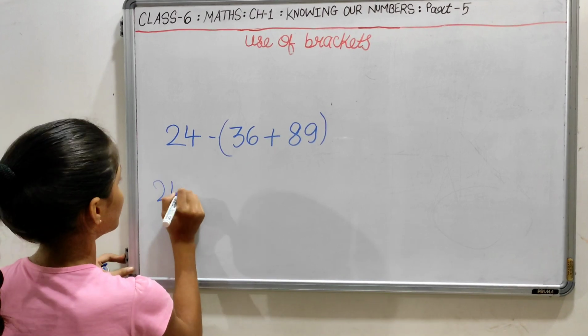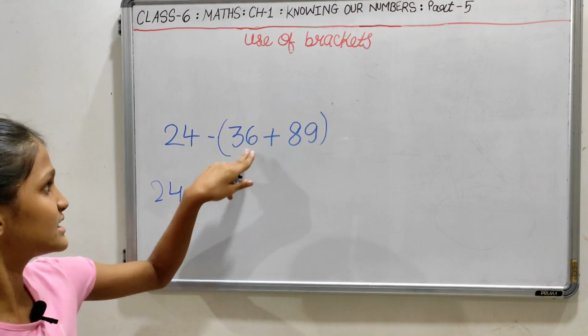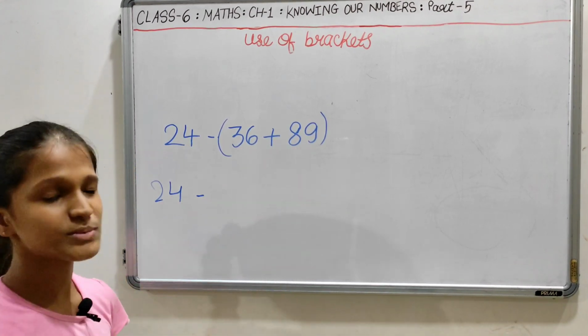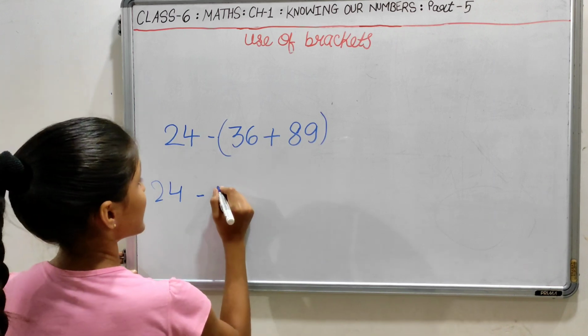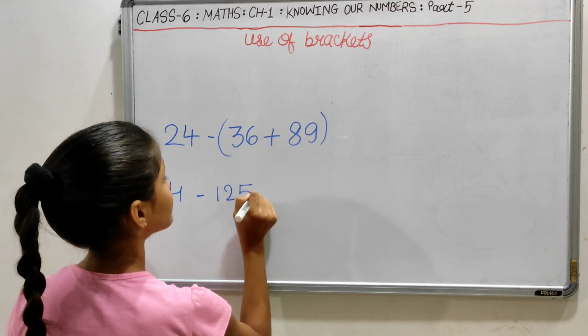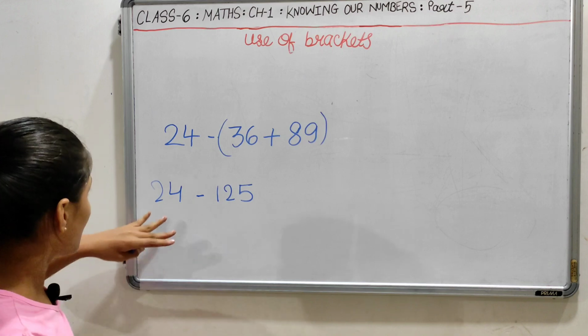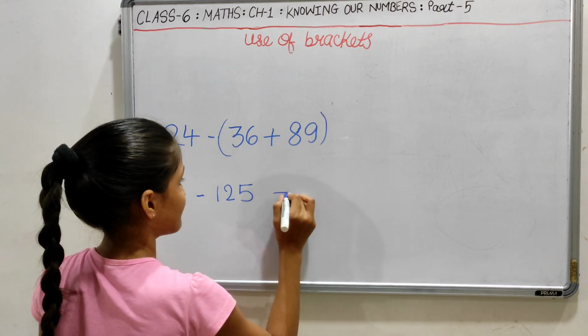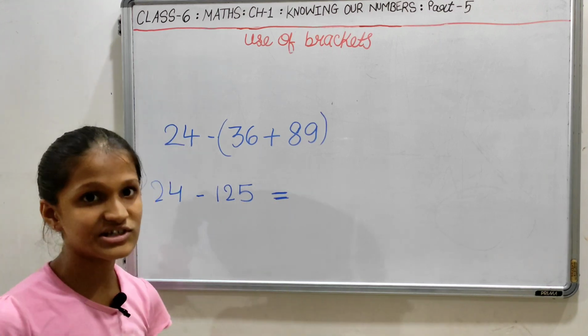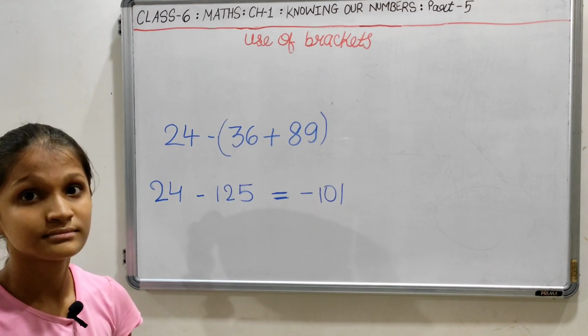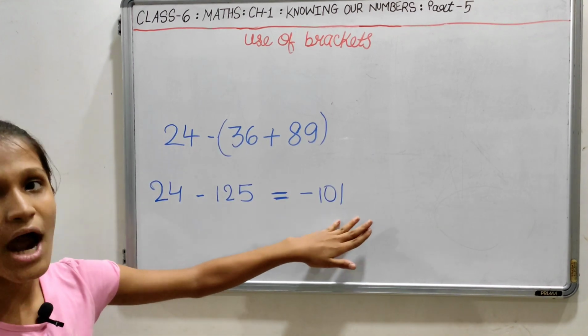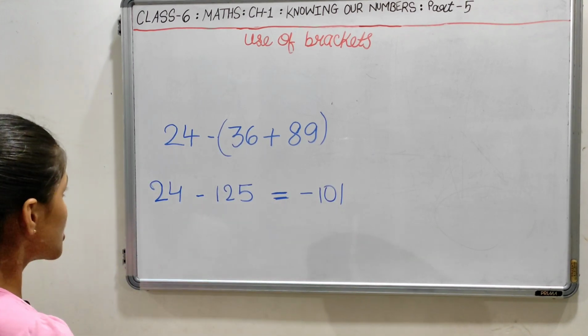So 24 minus, first add these, 36 plus 89, we get 125. Now we get 24 minus 125, which is minus 101.